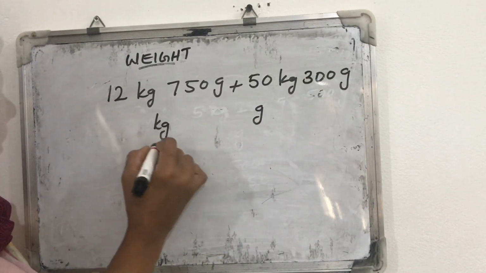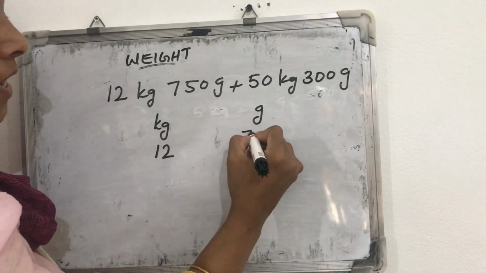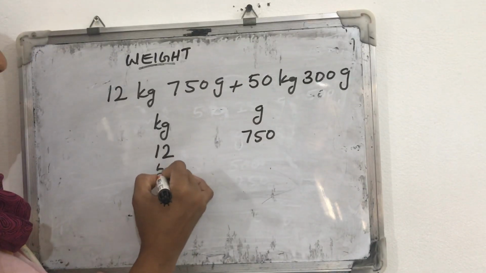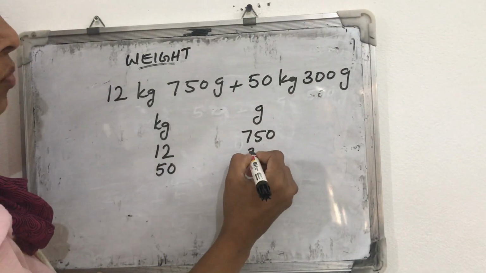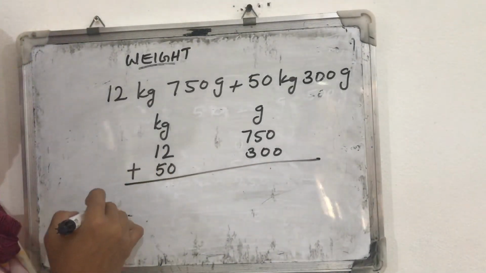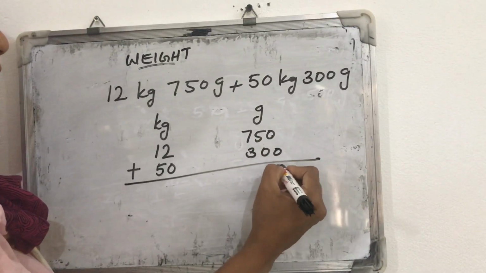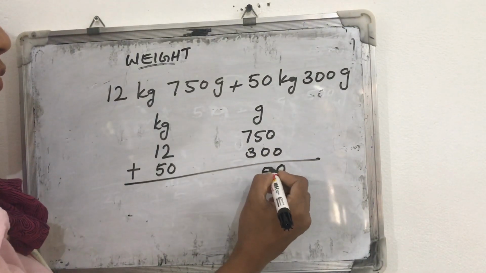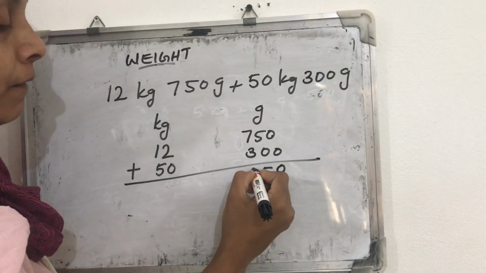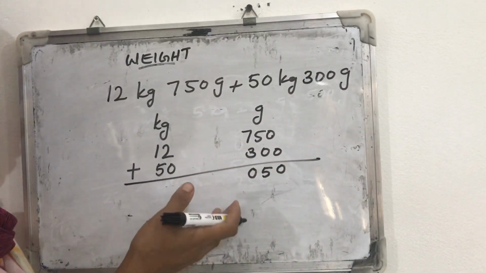In the first weight, 12 kilogram and 750 gram. In the second weight, 50 kilogram and 300 gram. And we add these two. First we start from the ones place. From the gram, 0 plus 0, 0. 5 plus 0, 5. 7 plus 3, 10. For that, we take 0 and carry 1.